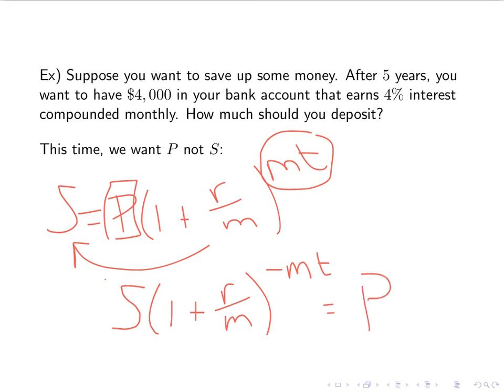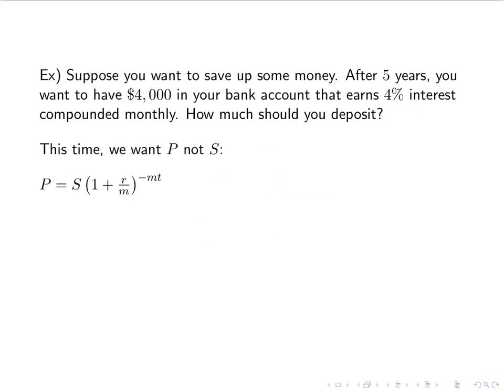So this is generally how you're going to see the equation. You divide by what's in the parentheses and the exponent, and then you change it to a negative exponent so that it's still multiplication. Okay. So what it looks like is I've switched my P and S, and I've made my exponent negative.